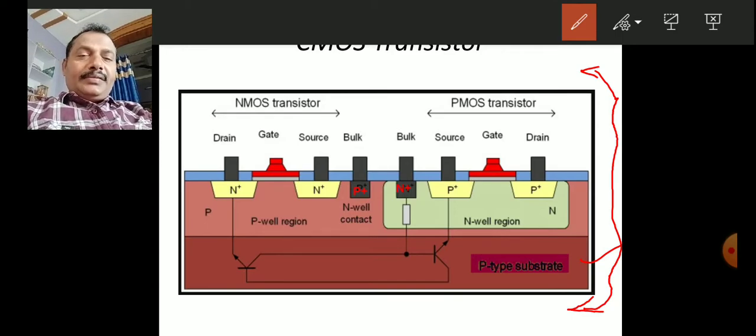Once it is taken, a highly doped p-type doping is done, hence forming a p-well like this. From here to here a p-well is there. If you observe, this total is the p-well.